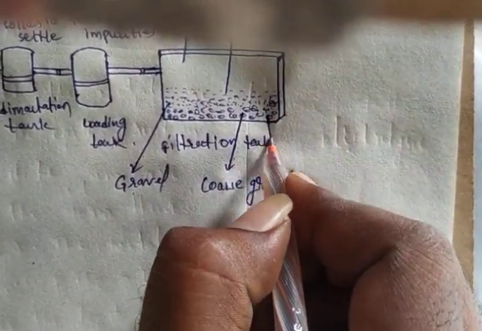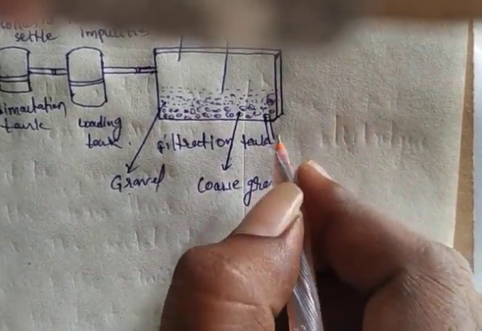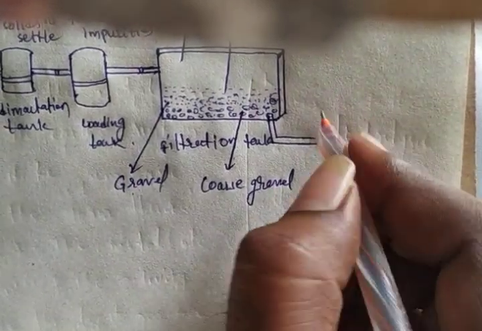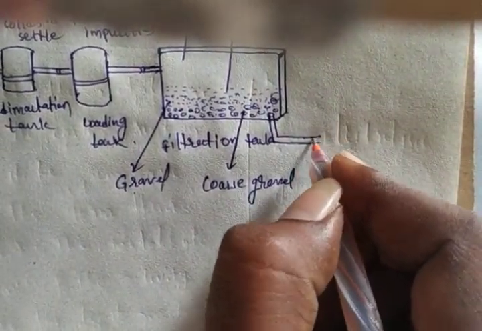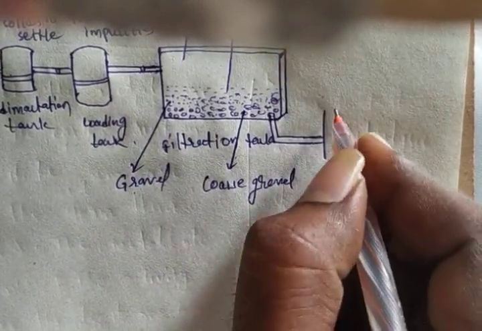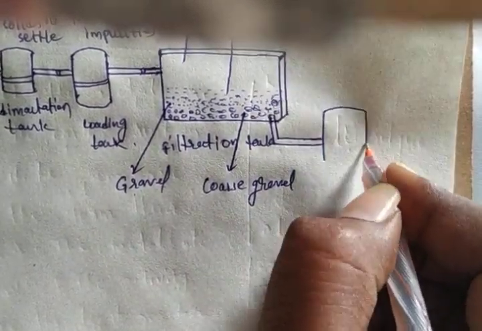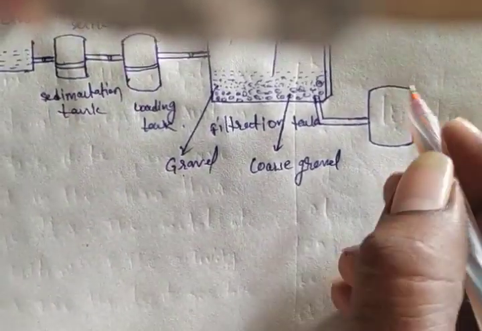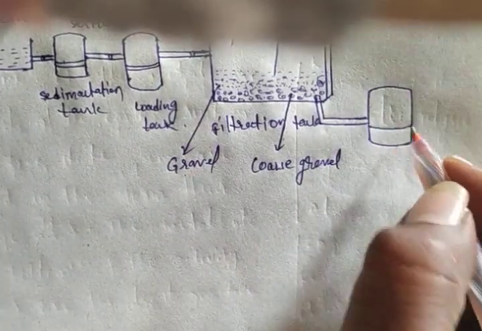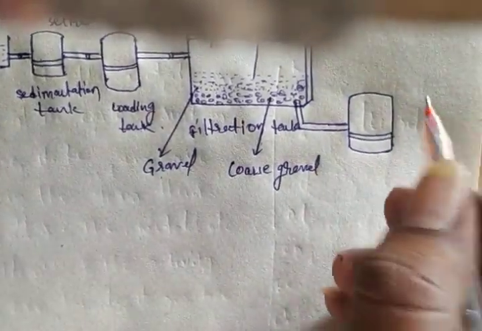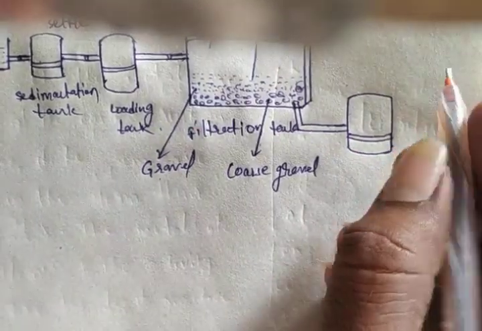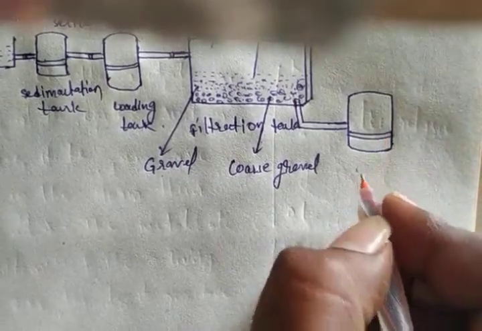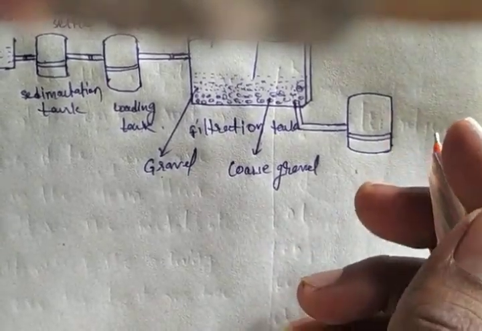So what is the use of the chlorination tank? This water we allow into the chlorination tank. Chlorination is to kill bacteria.